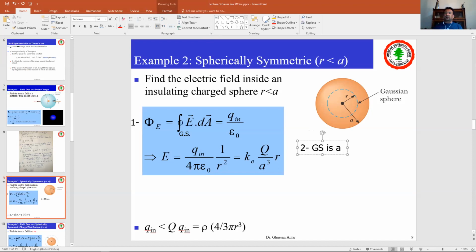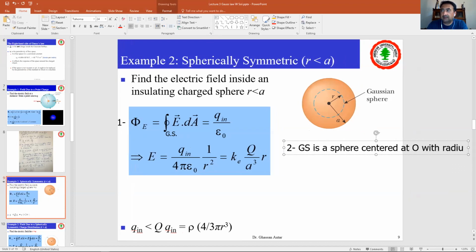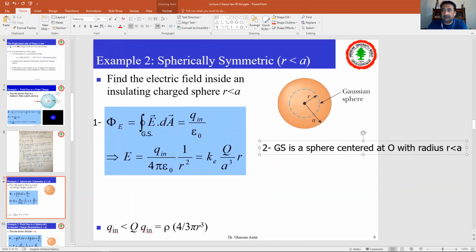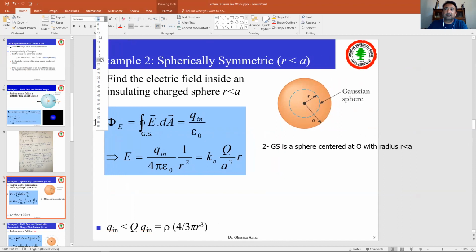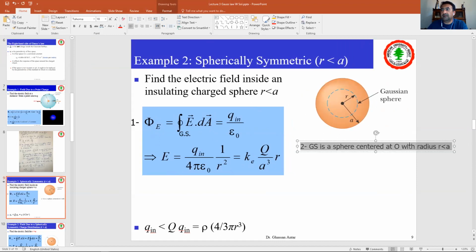We take advantage of the spherical shape to define the Gaussian surface, which is a sphere centered at O with radius R smaller than A. That's your starting point. My first point is really to define what my Gaussian surface is.